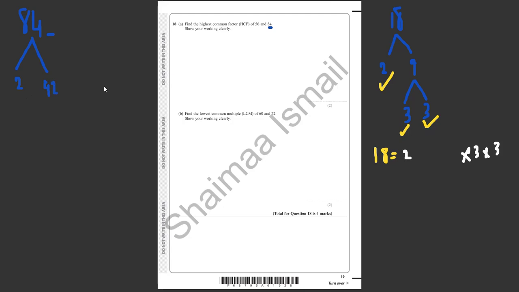Mark the prime number. Okay, then break the other number into 2. At least one of them is prime. As it's an even number, we write 2 multiplied by 21 and check the prime numbers as we already reached it.